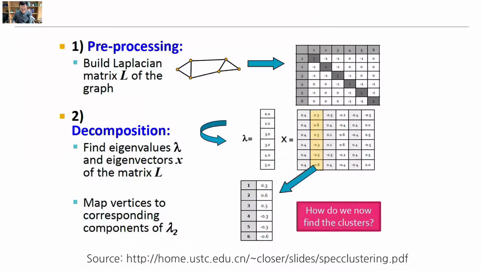Here is another visual of the procedure. We need to build the Laplacian from the graph, decompose it to find the eigenvalues and eigenvectors, and map vertices to the corresponding components of lambda 2, and we get the clusters by looking at the sign.